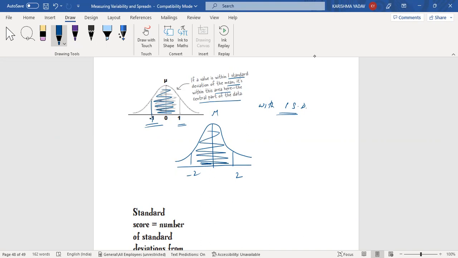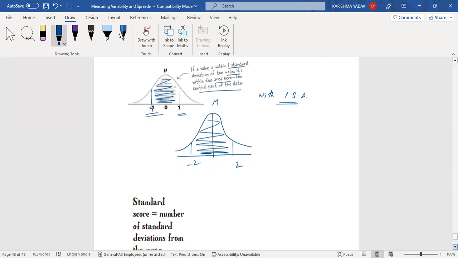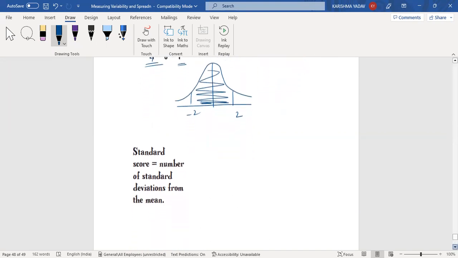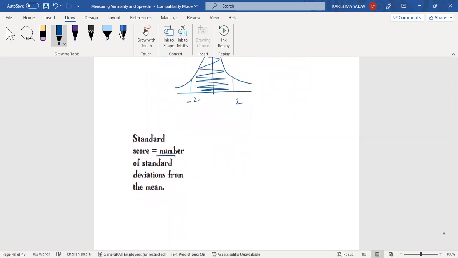Now, before the question, it is written that the standard score gives us the number of standard deviations from the mean. It does give us that, because this is my mean, and this is the standard deviation, that is z.